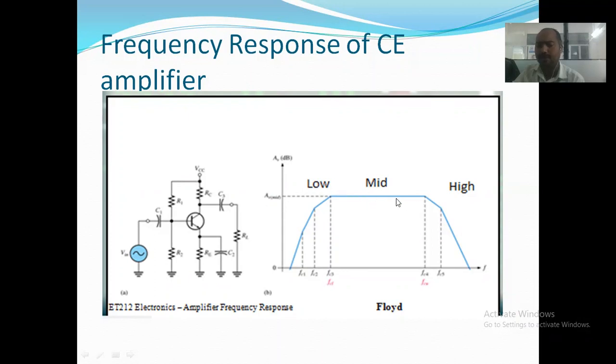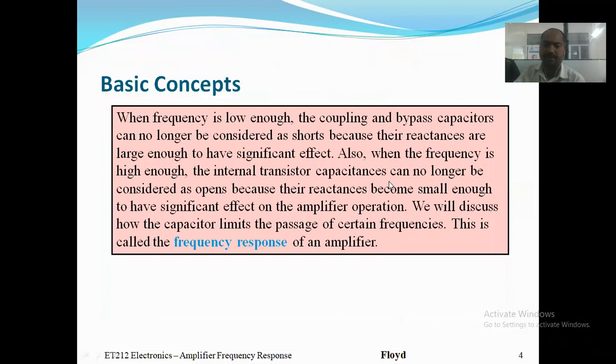So the response during the mid frequency is not only due to that. During low and high frequency, the capacitors take part in the circuit, so the response is degraded. Low and high, mid is constant.